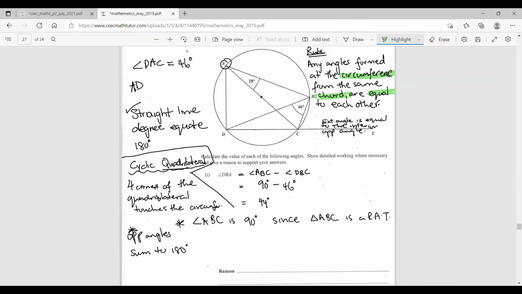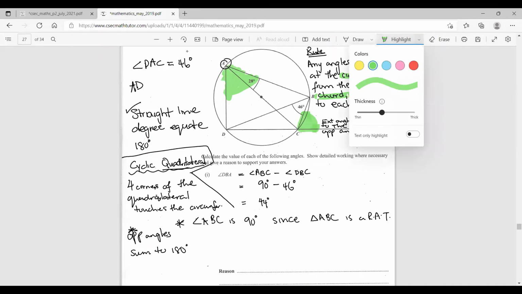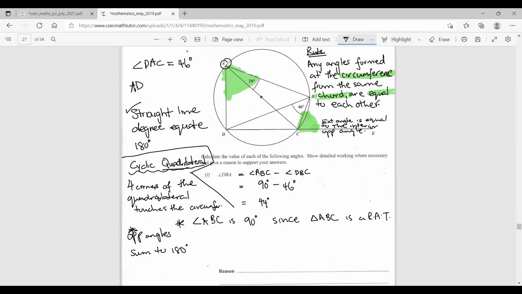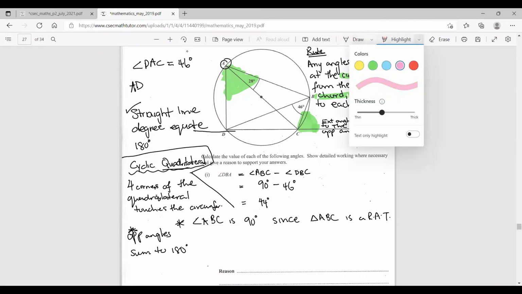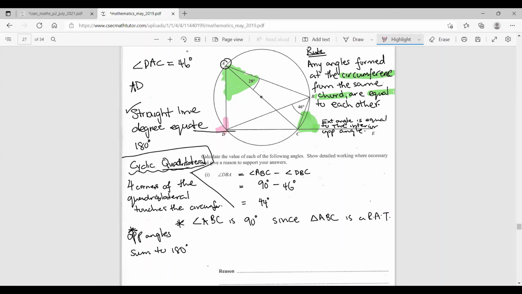So this is an exterior angle outside of your shape. The exterior angle is equal to the interior opposite, which is up here in this particular case. If I had an exterior angle here, it would have been equal to the angle up in this corner here.